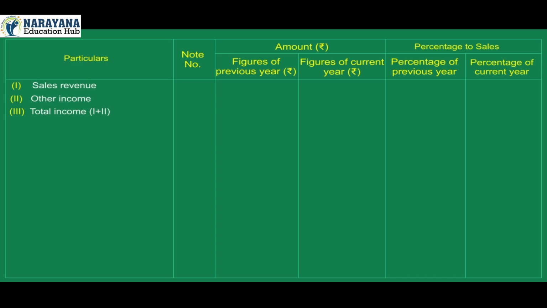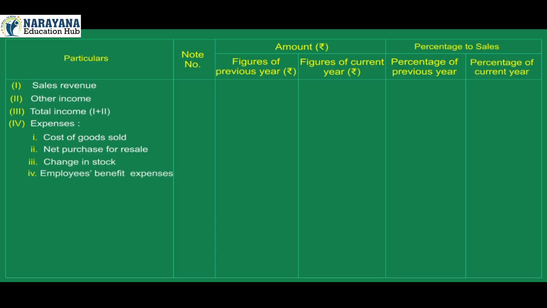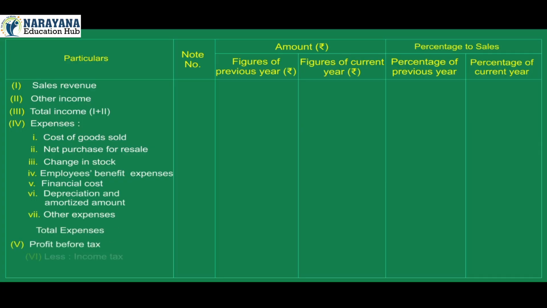Total income, 1 plus 2. 4. Expenses. 1. Cost of goods sold. 2. Net purchase for resale. 3. Change in stock. 4. Employees benefit expenses. 5. Financial cost. 6. Depreciation and amortized amount. 7. Other expenses. Total expenses. 5. Profit before tax. 6. Less income tax. 7. Profit after tax.